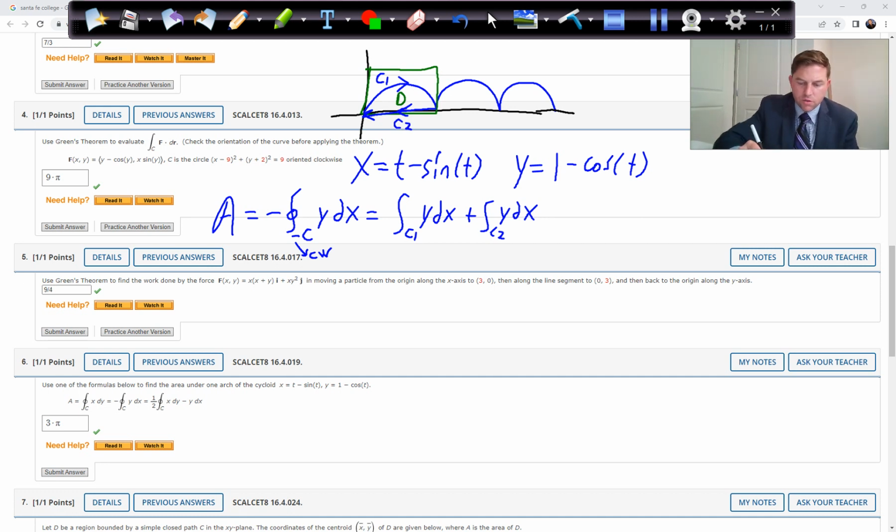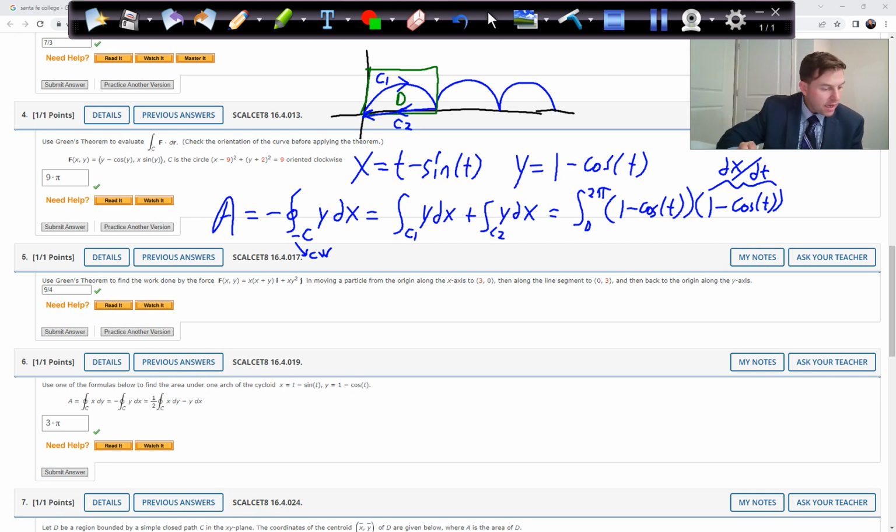Okay, so we break this into two line integrals, and this is going to equal the integral from 0 to 2 pi of y, 1 minus cosine t, times the derivative of x, which would be 1 minus cosine t. This is the derivative of x with respect to t, so it's y dx/dt, and then we make this with respect to t.